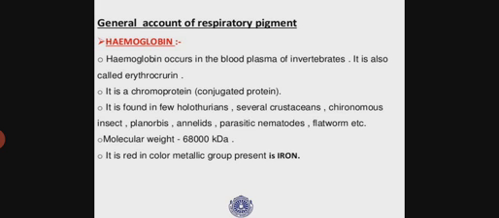And it is a chromoprotein, that is a conjugated protein, and it is found in a few holothurians of echinodermata and several crustaceans and chironomus insects of arthropoda, and planorbis, annelids and parasitic nematodes, flatworms, etc. And it has a molecular weight of around 68,000 daltons. It is red in color because of the metallic group present in it, called iron.